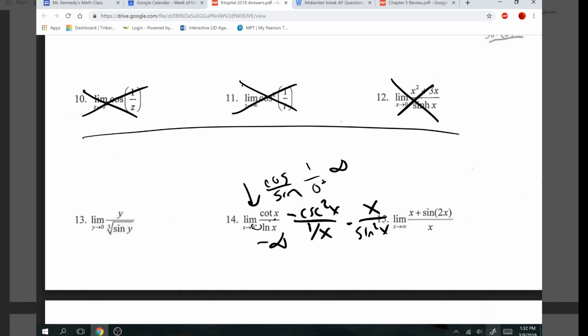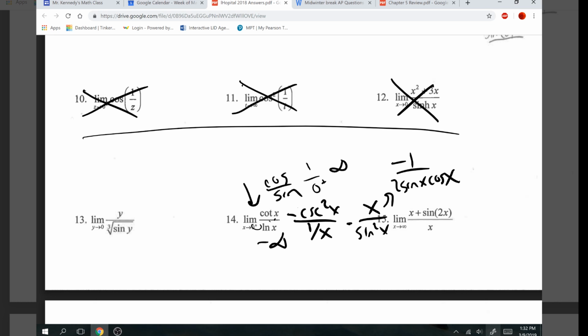This was infinity over infinity, and after L'Hopital's we got 0 over 0, but we still don't know what's going on. So I do another derivative, and I get negative 1 on top for the derivative of negative x, and I get 2 sine x cosine x on the bottom for the derivative of sine squared x.